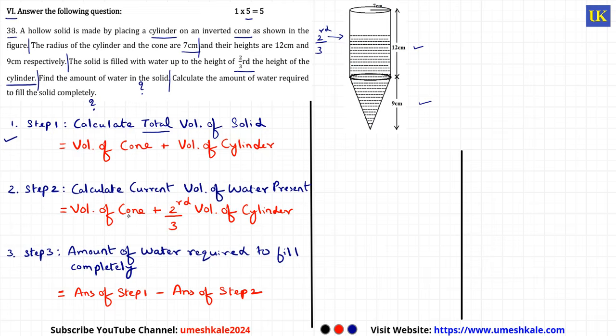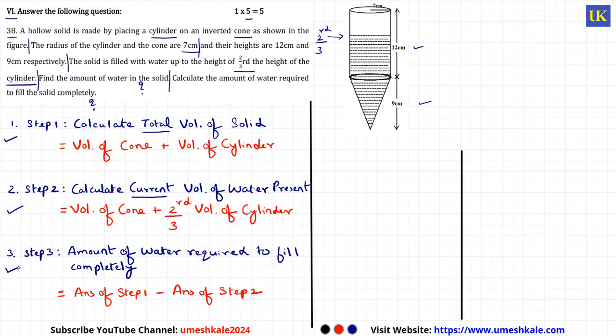The cone is completely filled, and two-third volume of cylinder is what we have to find. So we have to find the complete volume of cone plus two-third volume of cylinder, to know how much water is there in the object at present.